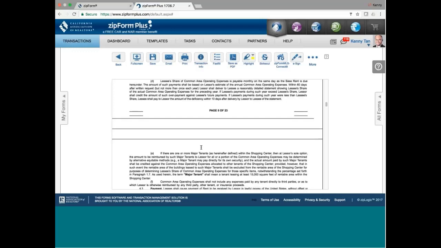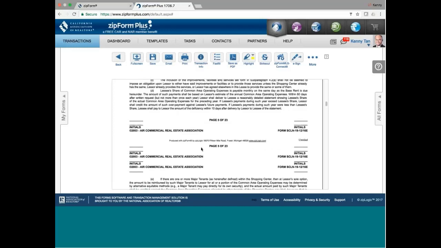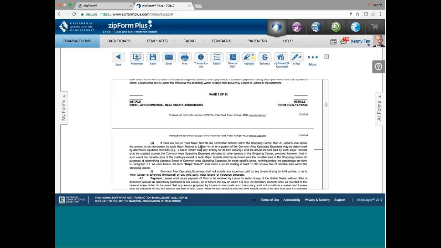And there is something that may be unique to this type of lease compared to the other types. It's the definition of major tenant. Usually in a shopping center, there's a major tenant.